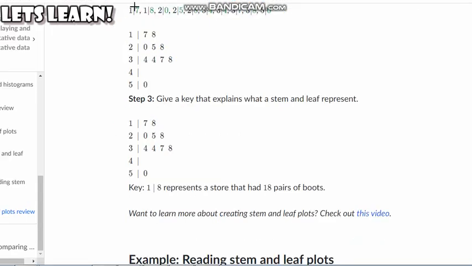Then by looking at the numbers coming in the units place, I'll be putting those numbers up here. As we see that the numbers having the 1 in the tens place have the digits 7 and 8 in the units place, so I wrote them in front of the number 1, and so it continued for 0, 5, 8, 4, 4, 7, 8, 0 as well.